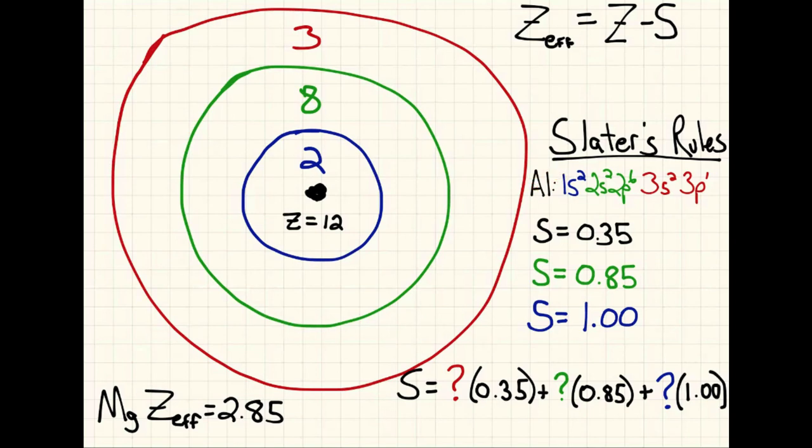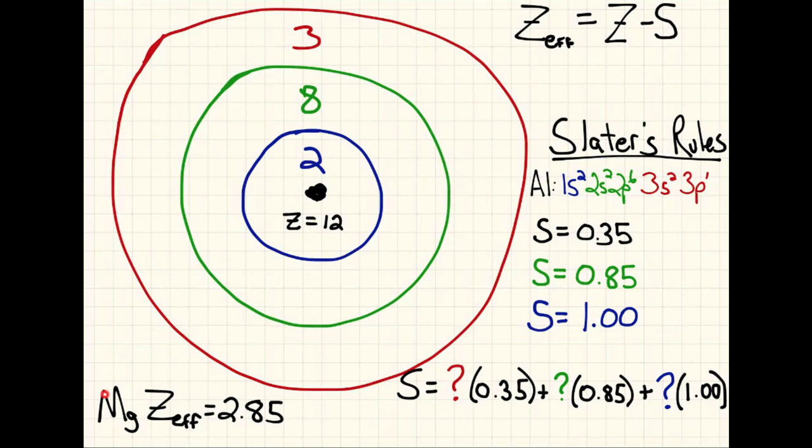You'll notice I've taken the liberty of writing out the electron configuration for aluminum, which is really the same as magnesium except for this one extra electron at the 3p level. And I've indicated that extra electron up here, reminding me that I've now got 3 electrons out here in this same spatial zone, remembering that the principal quantum number defines the zone. So 3 in total in that n equals 3 level.